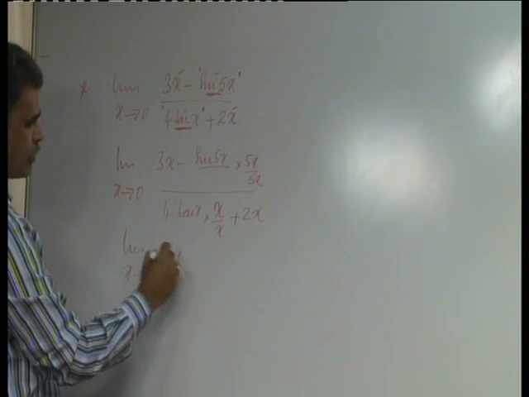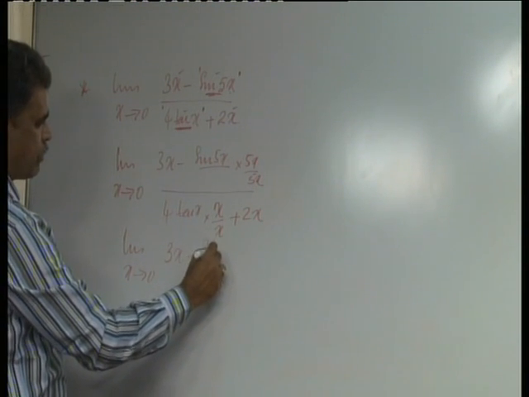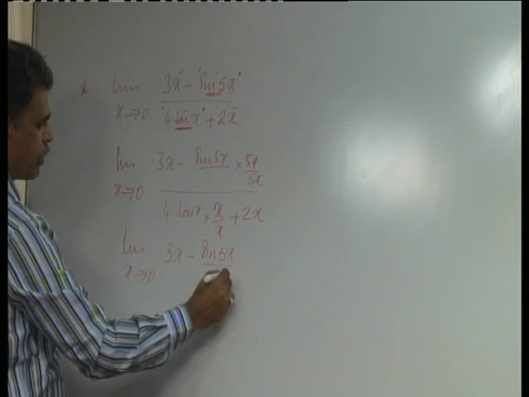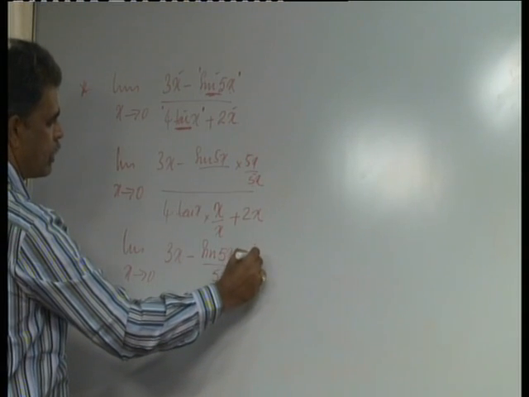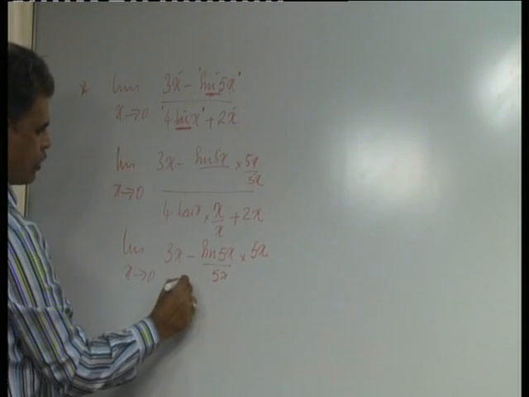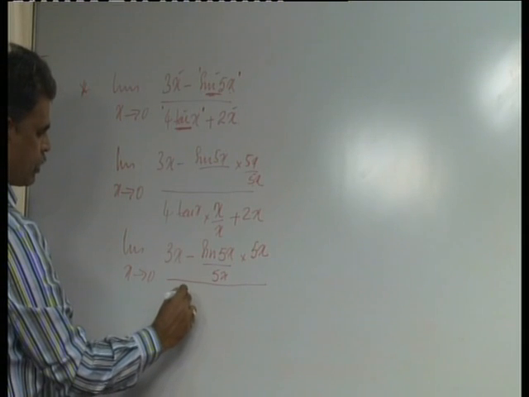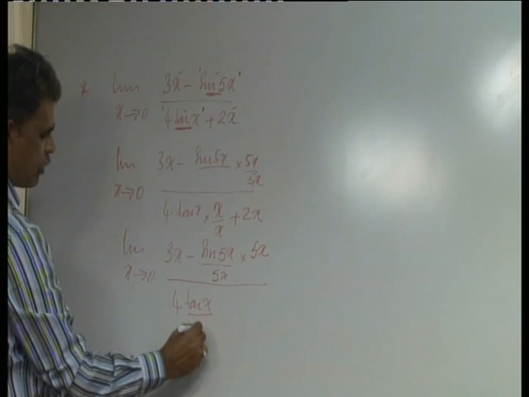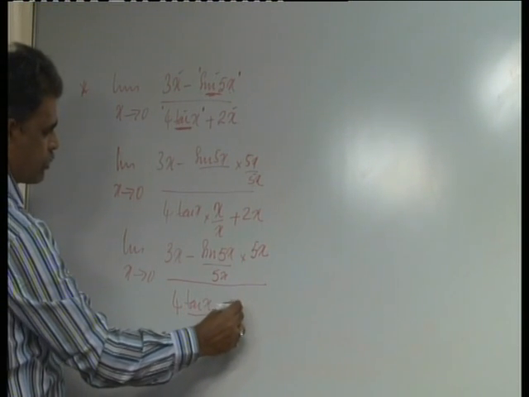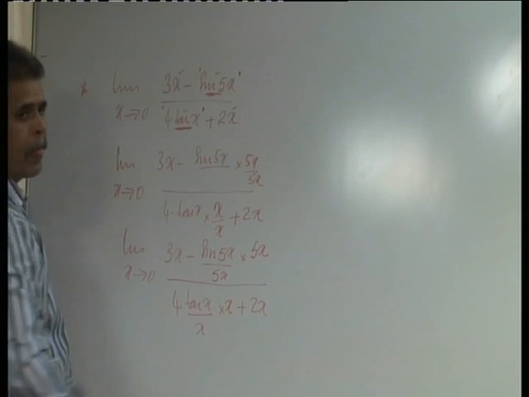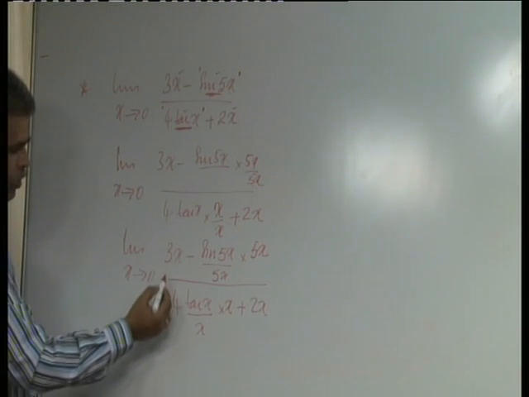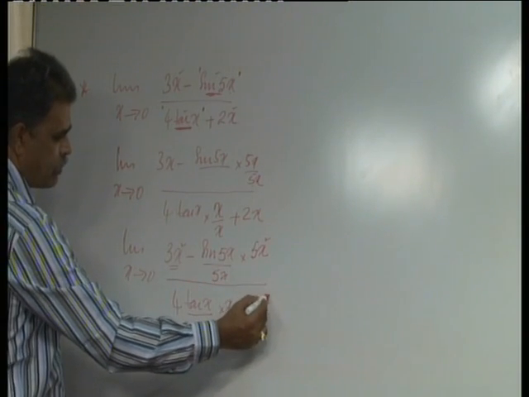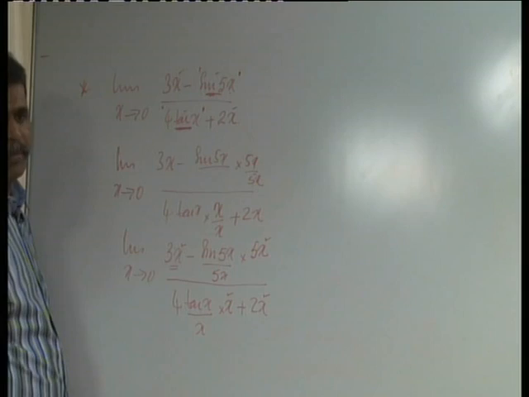You take 3x as it is minus sin of 5x divided by this 5x, and this 5x is taken as it is, whole divided by 4 tan of x, this x is taken at the denominator, into x plus 2x. Look at this step, all the terms are having x, you can cancel by taking common.